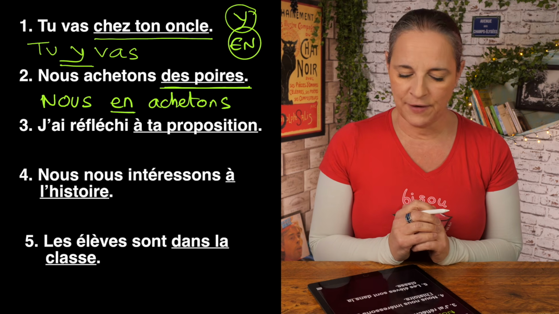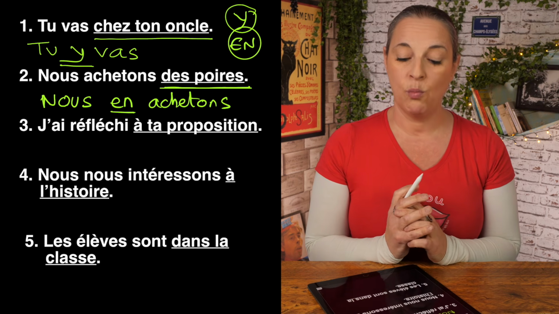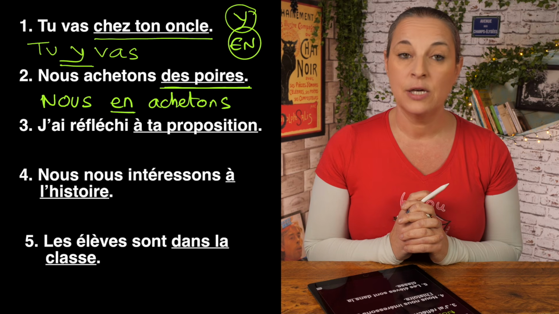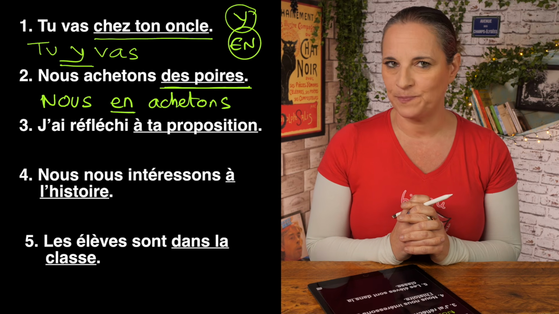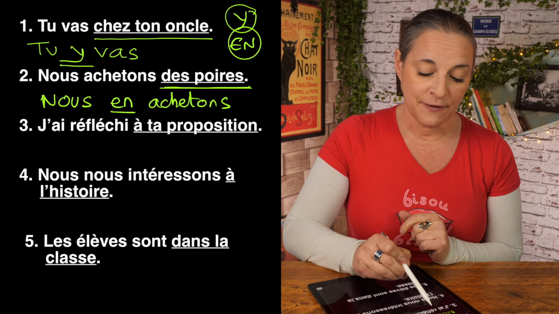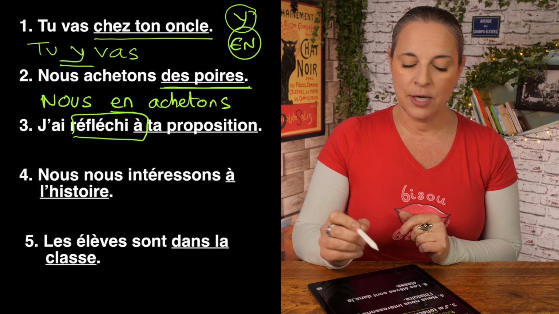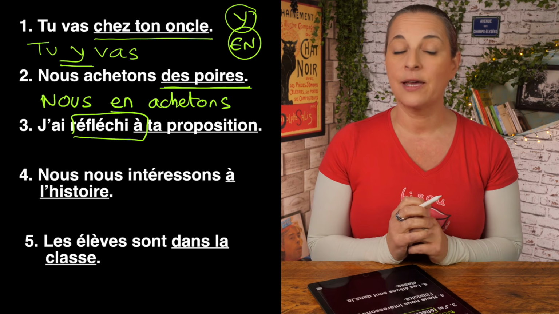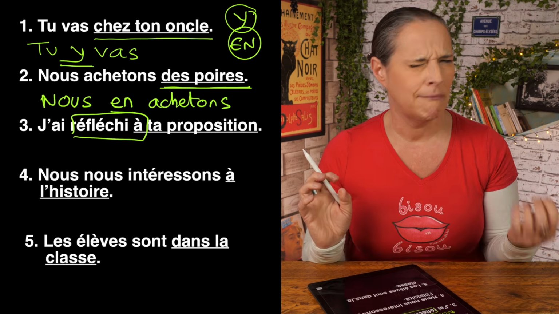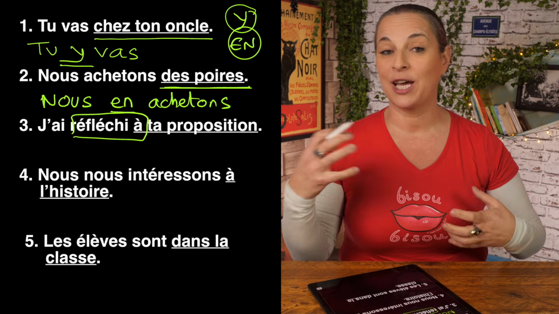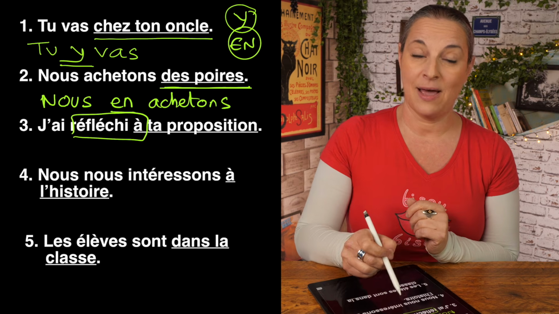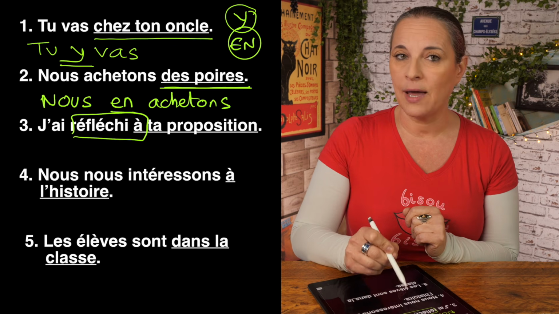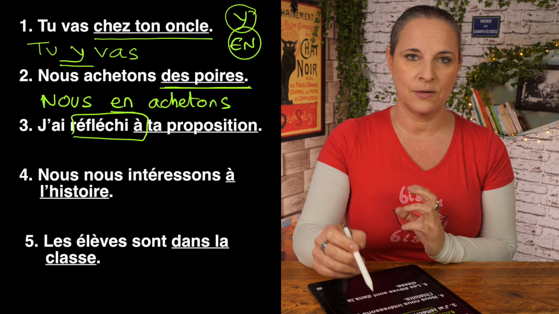J'ai réfléchi à ta proposition. Now the verb réfléchir here is a giveaway because I said to you that if you were to see the verb réfléchir à, intéresser à, penser à, and the fact that it has the à means that we have to use y and not en here.